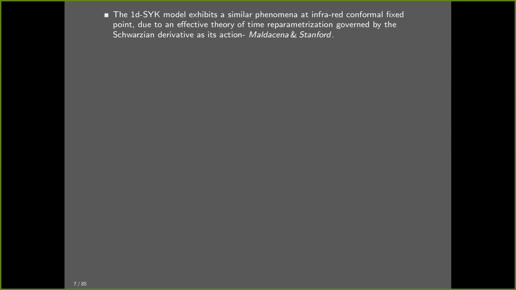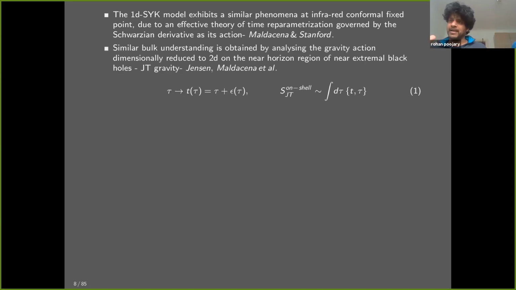So coming back, the SYK model basically tells you that you have to look at 1D time reparametrization, which captures chaotic behavior of this particular large-N family of 1D conformal field theories. The bulk understanding of this was that you look at a black hole close to extremality. Its near horizon structure is governed by JT gravity, which is obtained by appropriate dimensional reduction to 2 dimensions.